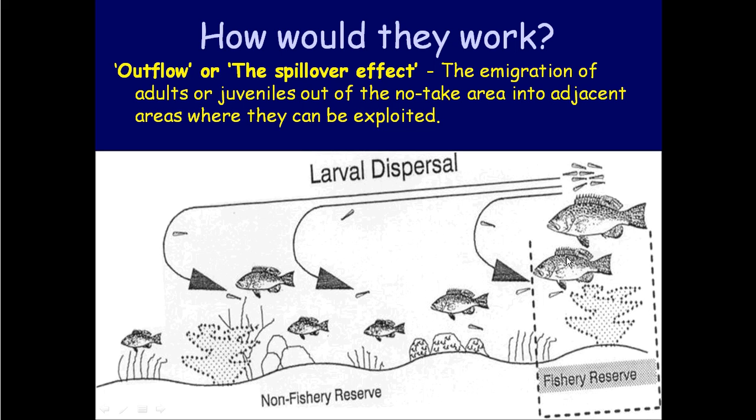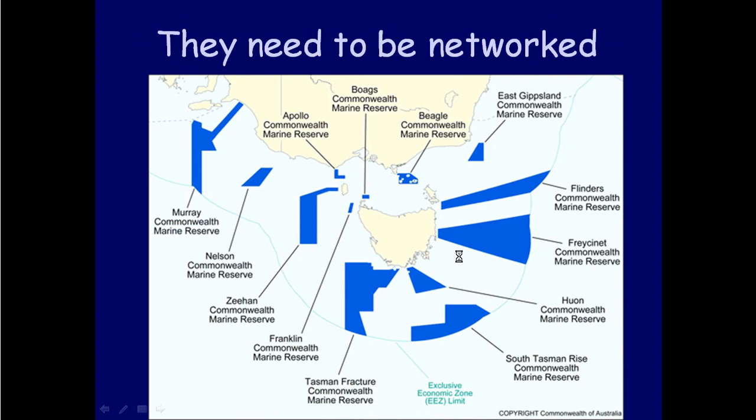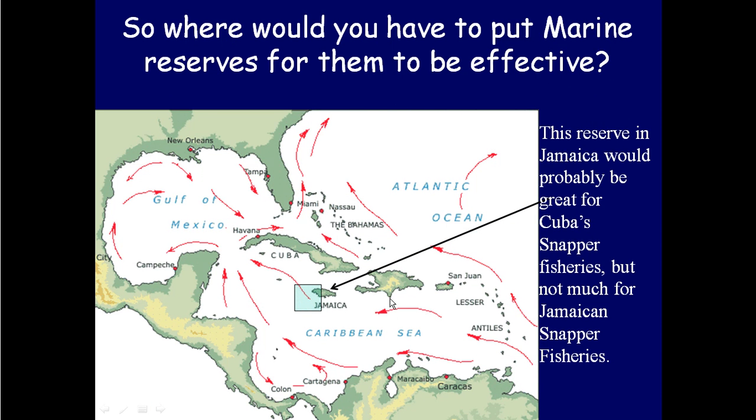So here's the reserve with larger breeding populations, and the larvae will go out into the non-fishery reserve where they're settled. So you have to think of this when you're putting marine reserves into place. If you're going to put them into place to be effective, say Jamaica puts this area of its territory and open ocean into marine reserve.